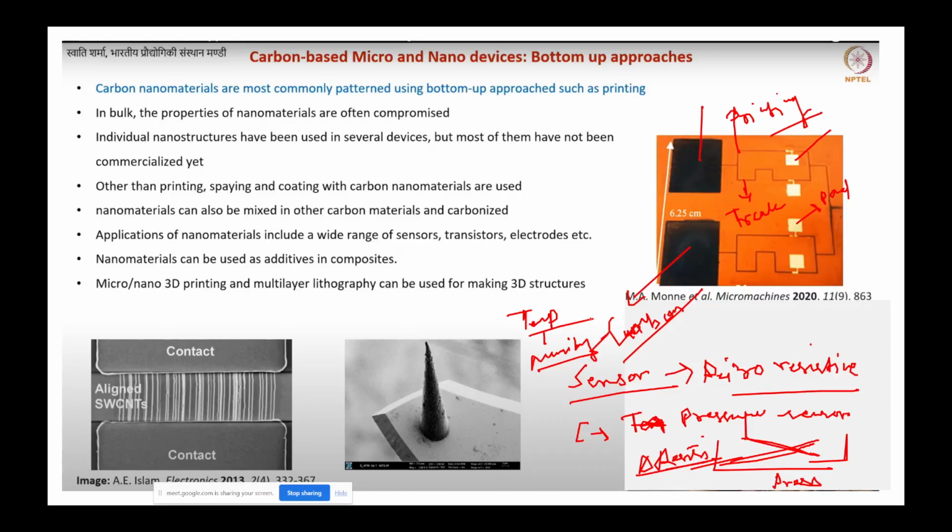So the nanomaterials can also be used as additives in composites. Composite is a very vast field where we use many kinds of matrix. The use of nanomaterials is because of their specific properties, such as a high aspect ratio, a high surface area, as well as many unique properties such as conductivity.